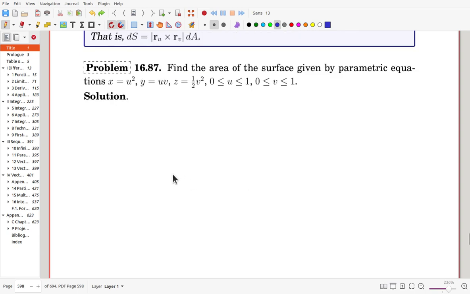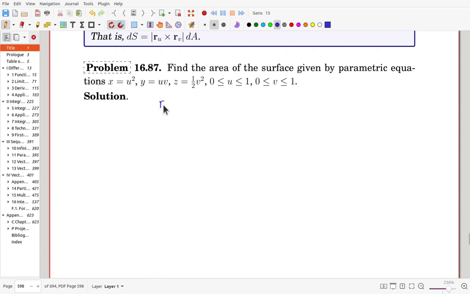Find the area of the surface given by parametric equations. Now, for this one, we'll use the formula, so we have to first get R sub u cross R sub v. Let's try to get it.